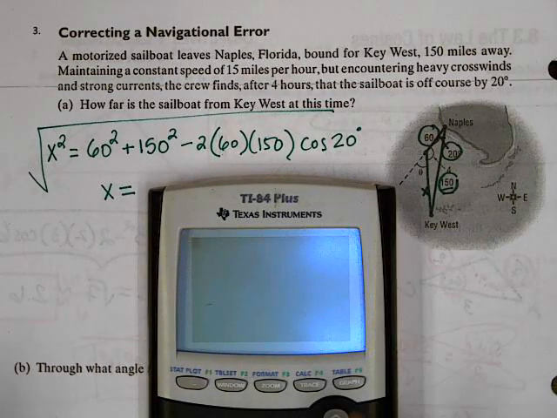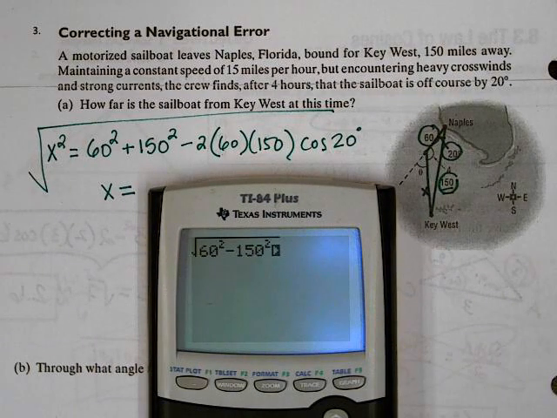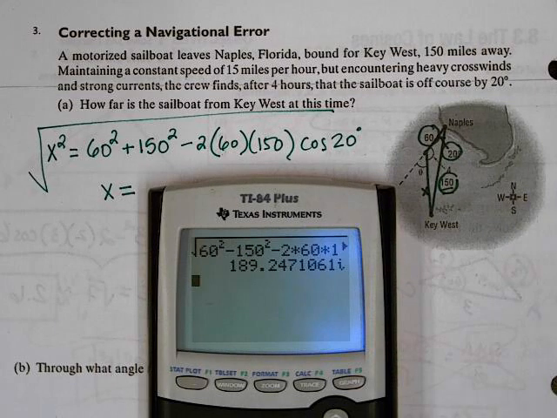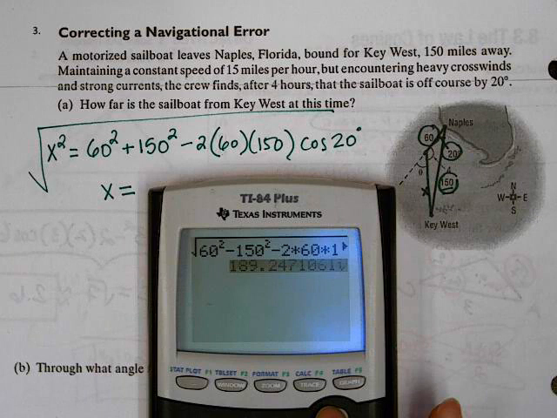I'm just going to do it all in one. Big square root sign: 60 squared plus 150 squared minus 2 times 60 times 150 times cosine of 20. So I got 189.24.